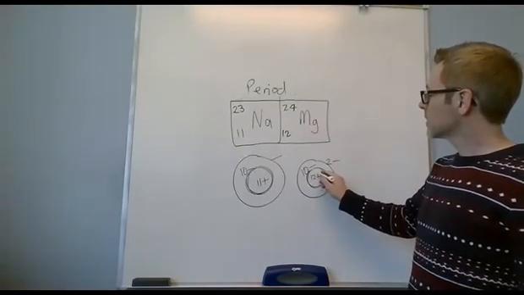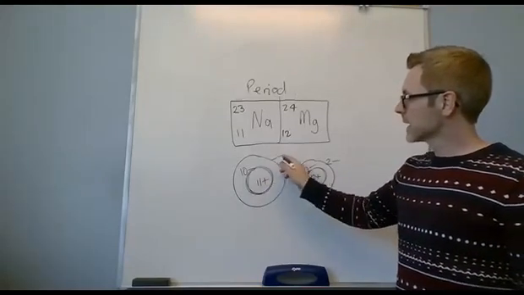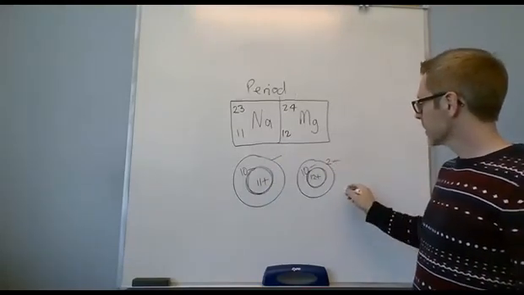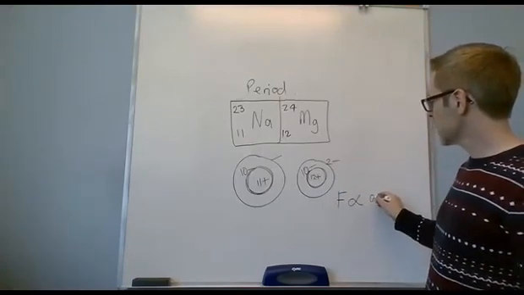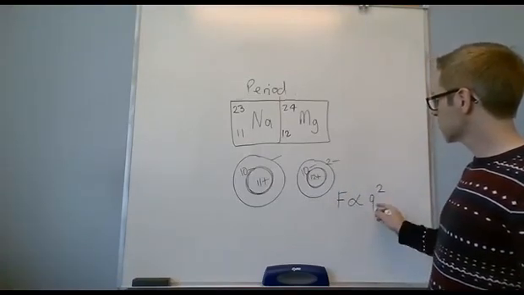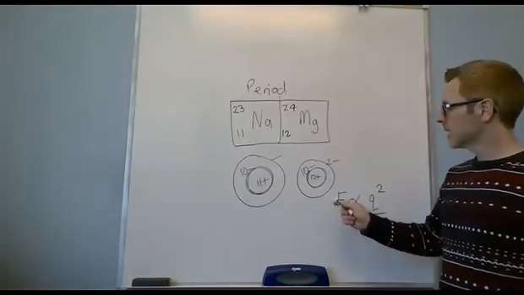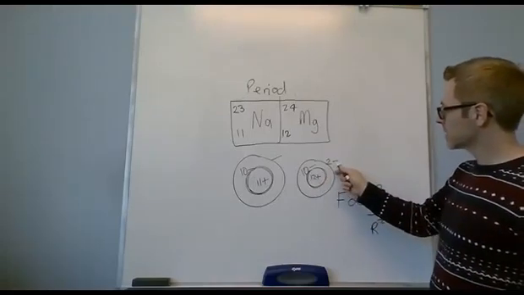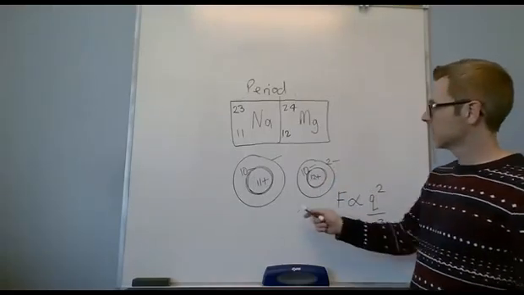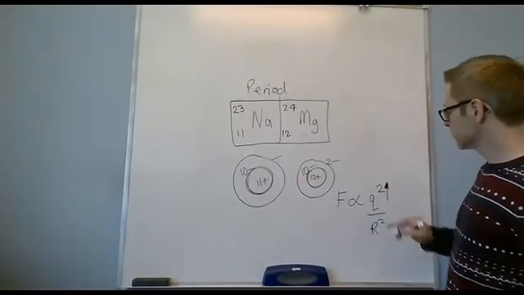Cores change down groups. Valence thickness changes across periods. Now I've got equal shielding, but what I'm shielding against is now getting bigger. So if force is proportional to charge squared over r squared, let's look at both of them. The charge is getting bigger, so my numerator is getting larger.